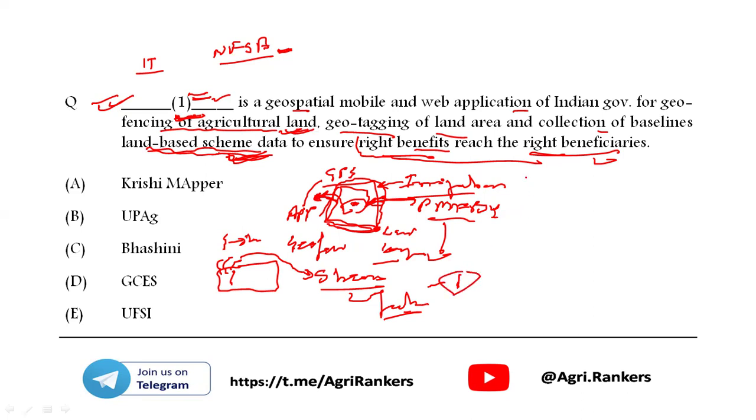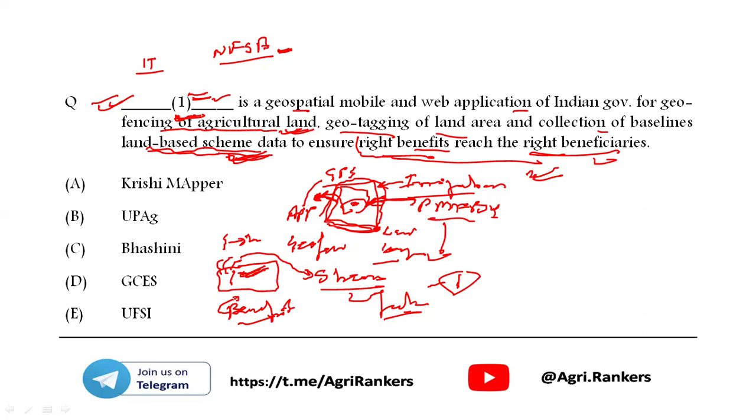The major benefit of this is this: right benefit reaches right beneficiaries. When you geotag a land and also feed the land-based scheme data into that, it means that the benefit of the scheme cannot be duplicated on the same land. So they are reducing the duplication. Sometimes it happens, mostly in government schemes, that there are some eligible farmers who are eligible to take benefit of the particular scheme, but they don't get the benefit.